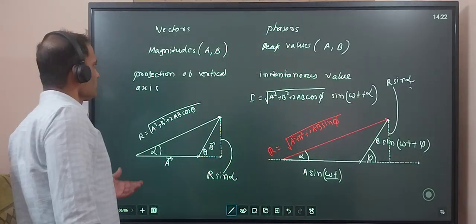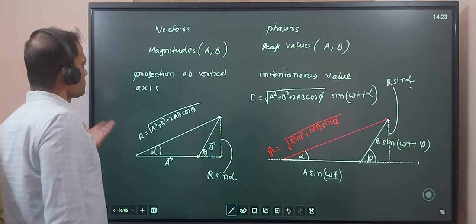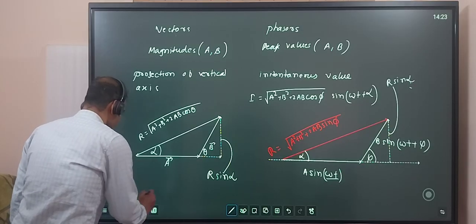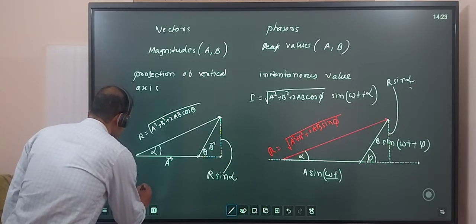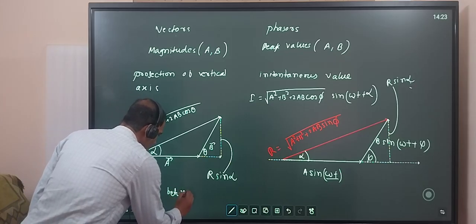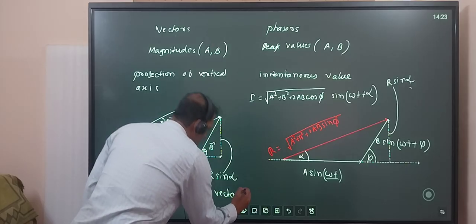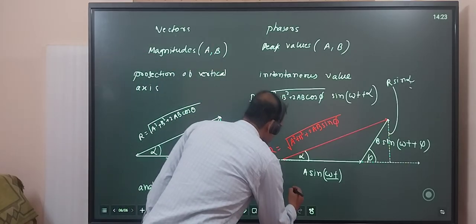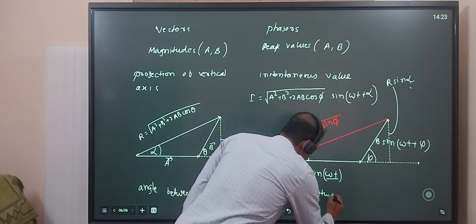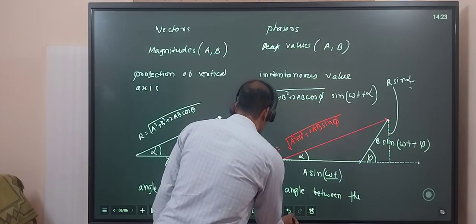Okay, back to the basics. The angle between the vectors, here the angle between the phasors, is actually called phase difference.